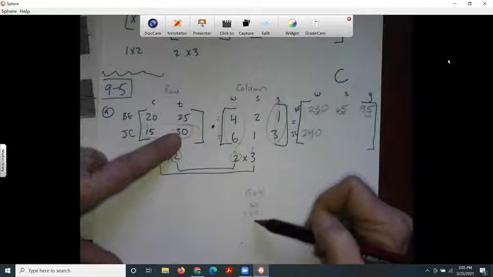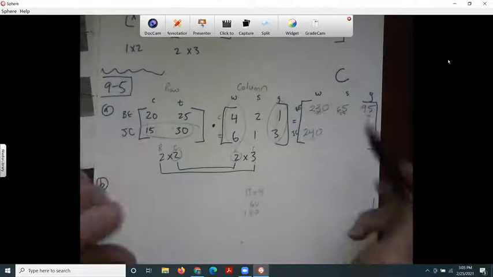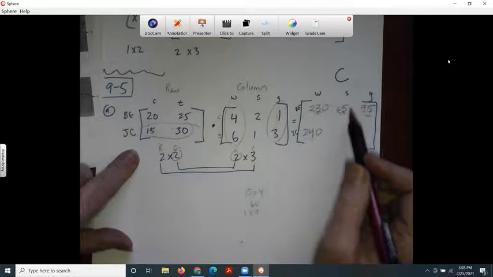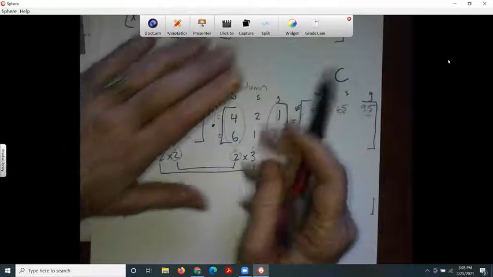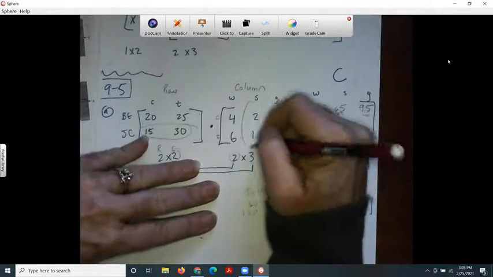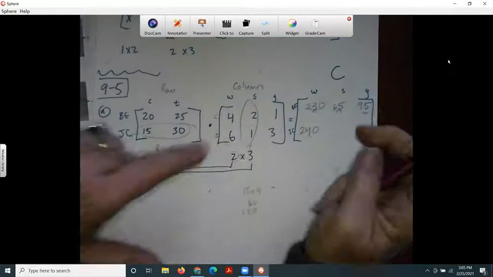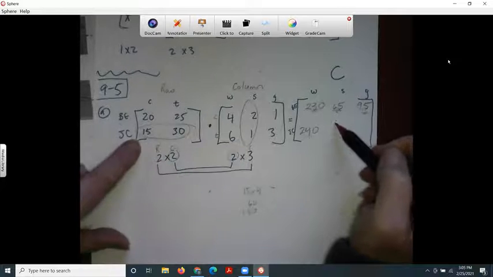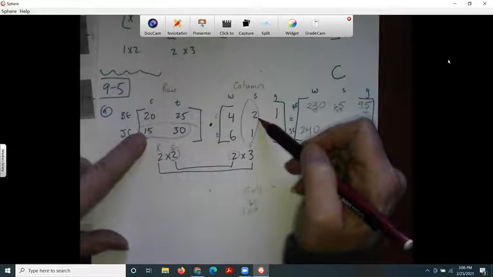Then this position right here is row 2, column 2. So I'm going to go with row 2, but now I'm going to look at column 2. Maybe I don't need to go so slow for you. Maybe it makes sense because that's the seats. So 15 times 2 is 30, plus 30 times 1 is 30. I think that's going to be 60.